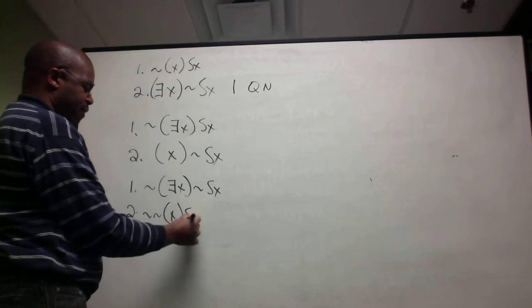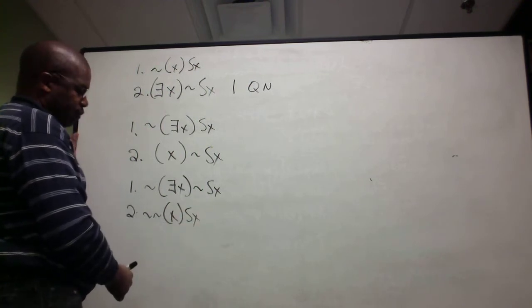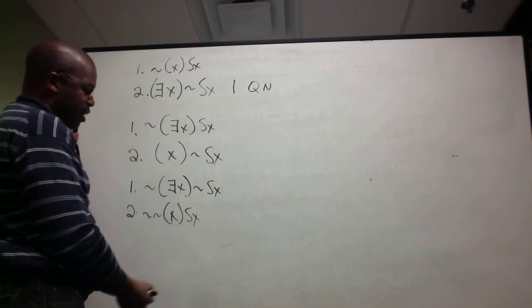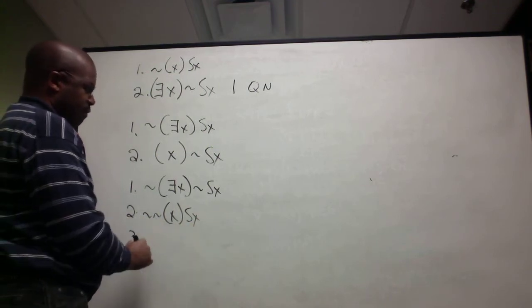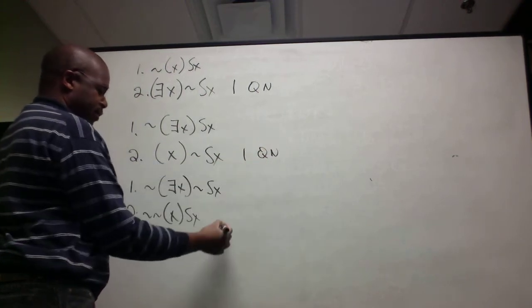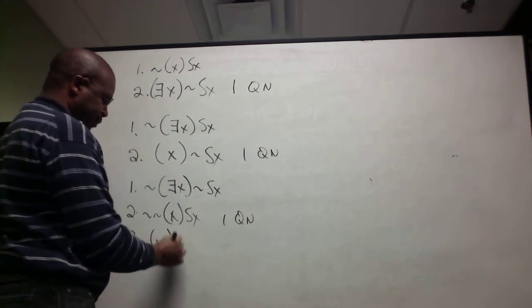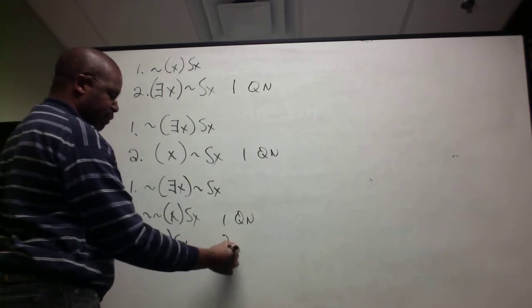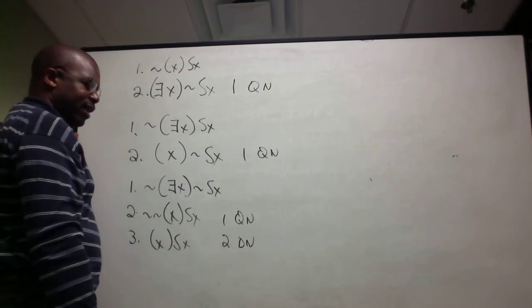That's what you will have. Okay, and then of course when you do double negation, sorry, this is one quantifier negation. This is one quantifier negation. Then you have that. Then you have two, double negation. That's how you arrive at it.